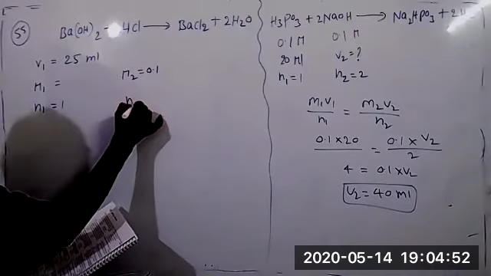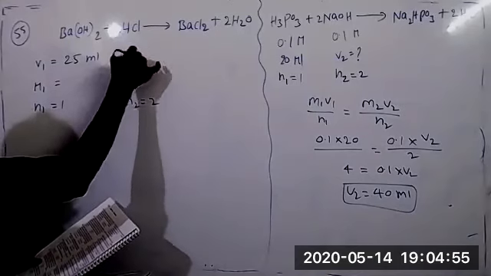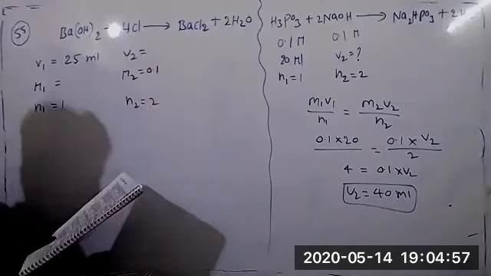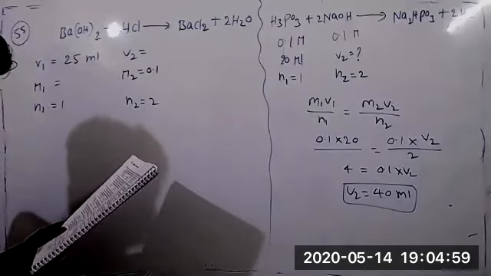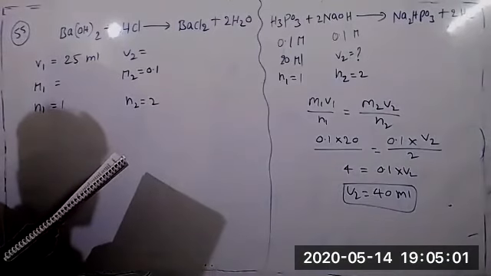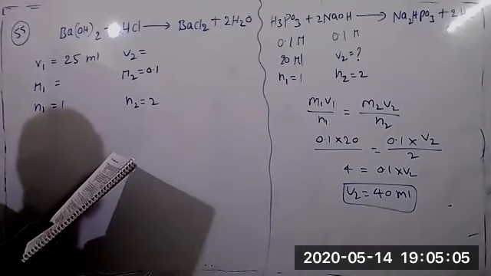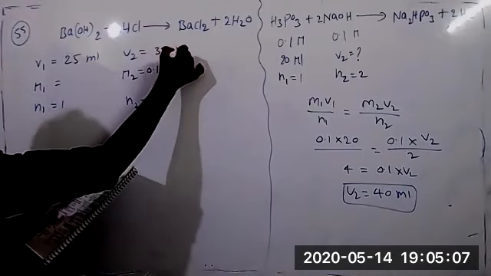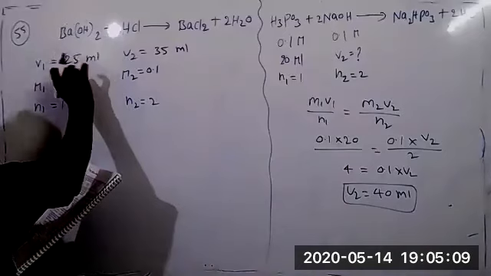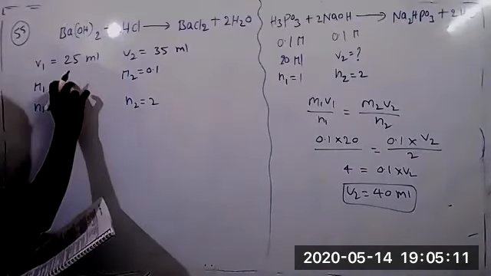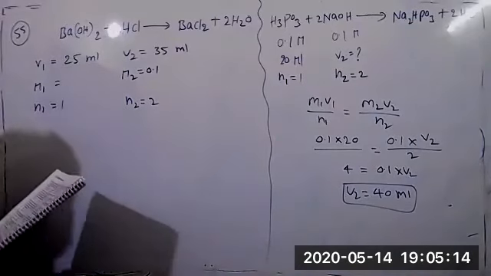Here N2 is equal to 2. A 0.1 molar solution of hydrochloric acid gave a titration value of 35 ml. This 35 ml is required to neutralize 25 ml of barium hydroxide. Then what is the molarity of barium hydroxide? We have to calculate.